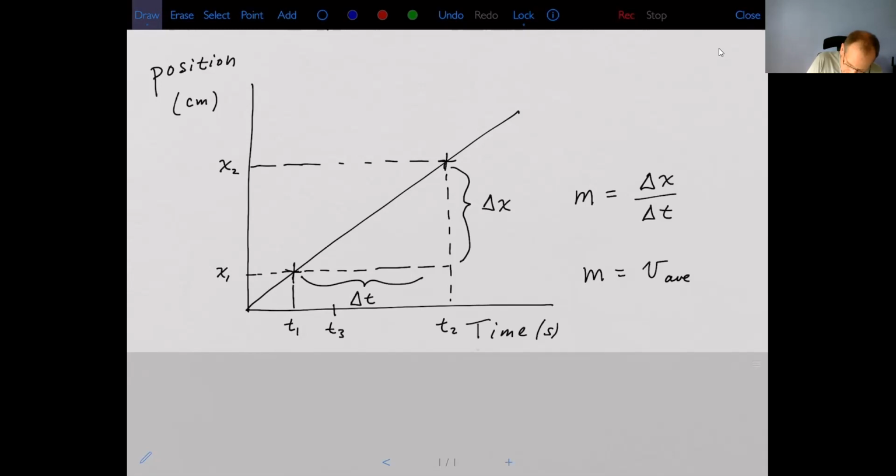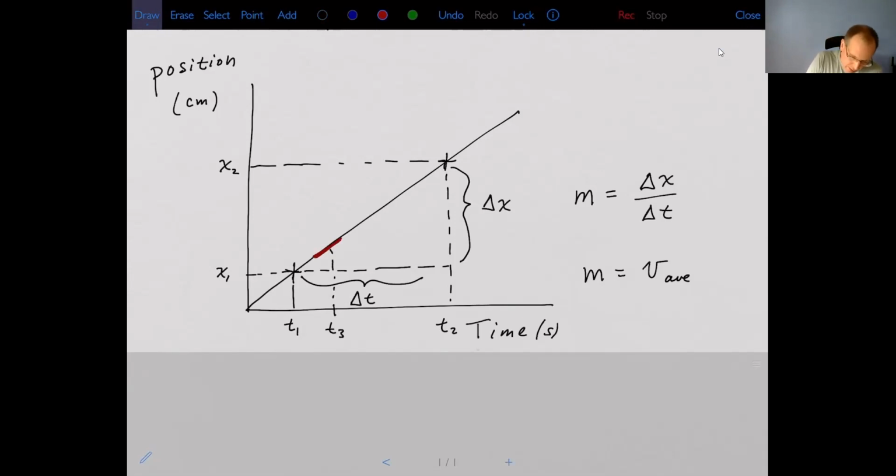So I'm going to go up to the graph. And then I would draw a tangent line to the graph at that point, which in this case, since it's already linear, it's going to be the same slope, right? So something like that. And then the slope of that little tangent line, that's going to be the instantaneous velocity at that time.